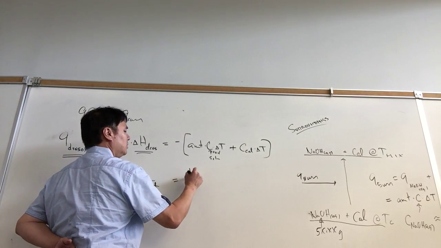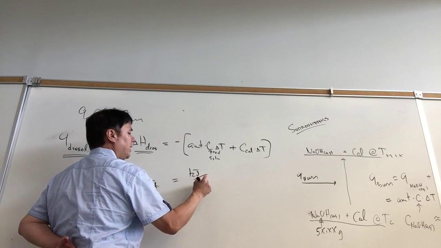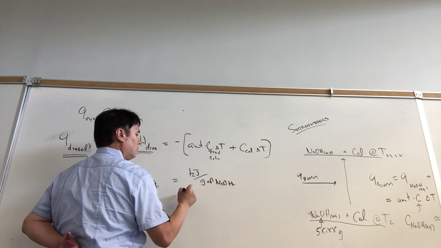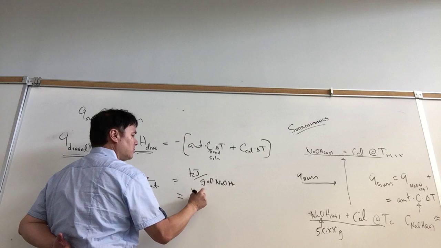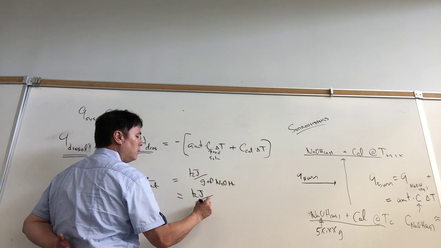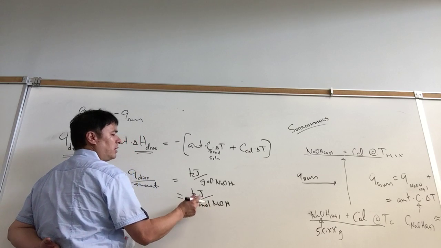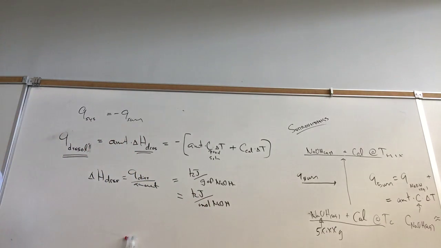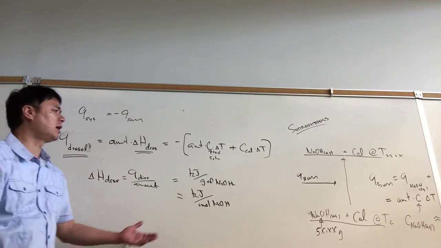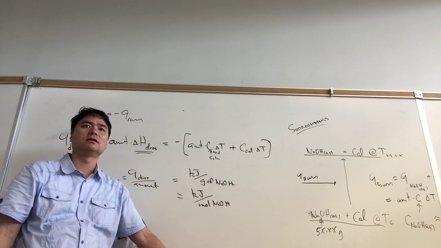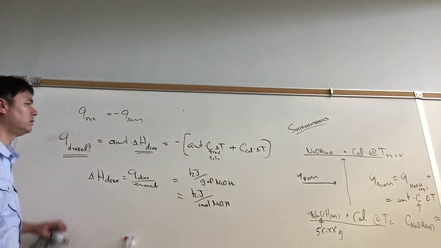You're going to get it in kilojoules per gram of sodium hydroxide, and you're going to calculate in terms of kilojoules per mole of sodium hydroxide. To get kilojoules per gram, you just divide it by x.xx grams. To get it in kilojoules per mole, you have to figure out how many moles is x.xx grams of sodium hydroxide. Then you can get kilojoules per mole.